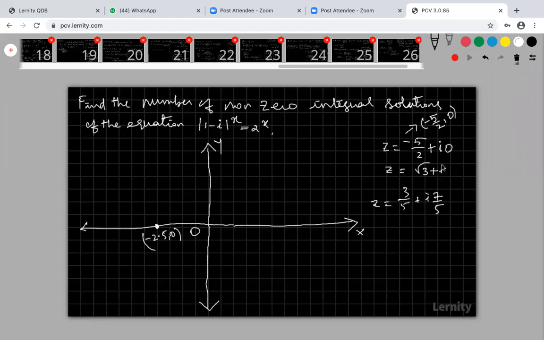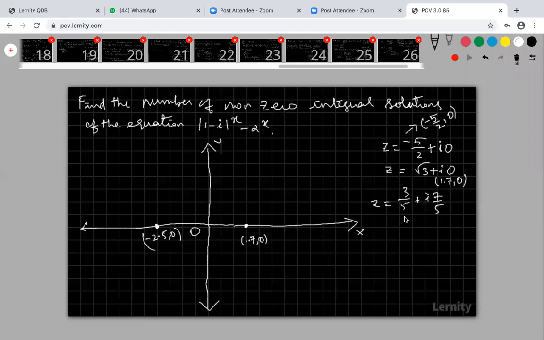Right, now come to that. This is also i0. My imaginary part is 0. Root 3 is 1.732. So therefore, this is 1.732 comma 0. Okay, right. Now come to that.